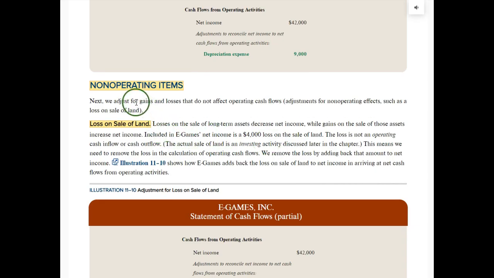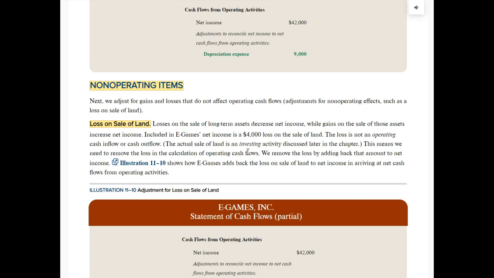Now we're going to look for non-operating items. These are items that are not in our regular course of business of buying and selling things to customers or providing services to customers. So we did have a loss on sale of land. Remember back in the income statement, it said loss on sale of land $4,000. Well, that $4,000 was not a cash flow number. That was the loss.